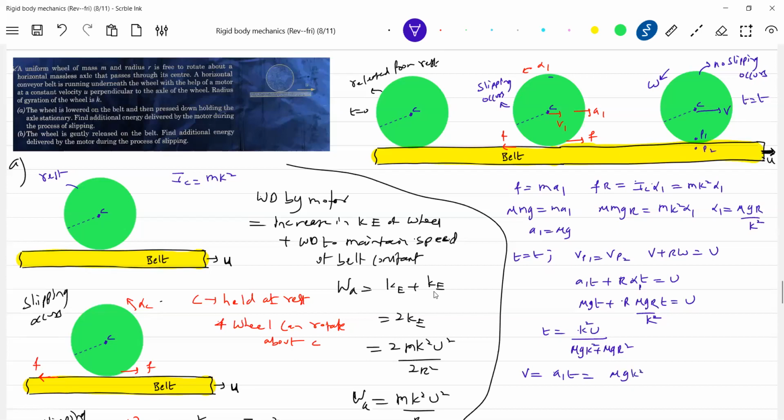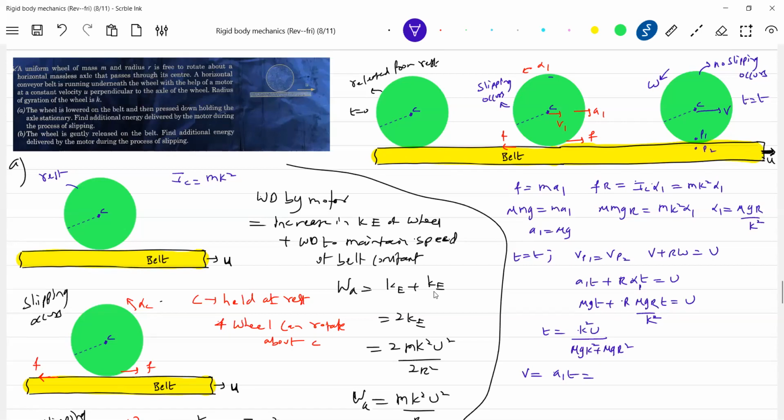Sir, can we directly say F into ut will be the additional energy? U is the velocity of the conveyor belt. Work done by the additional force that the motor provides, on the wheel or on the belt?